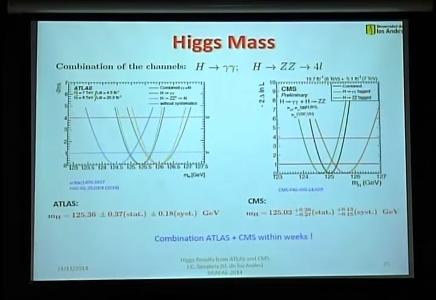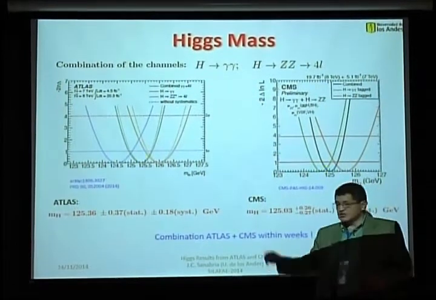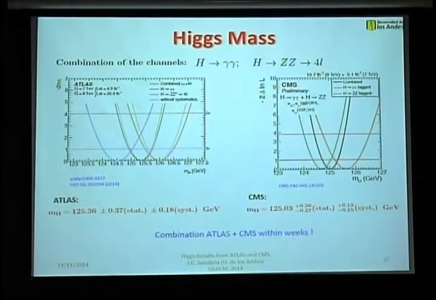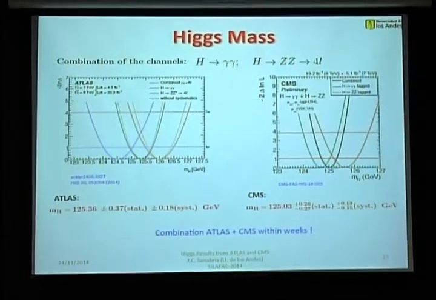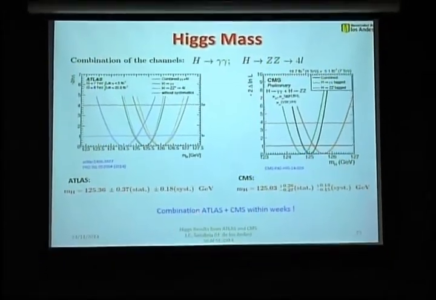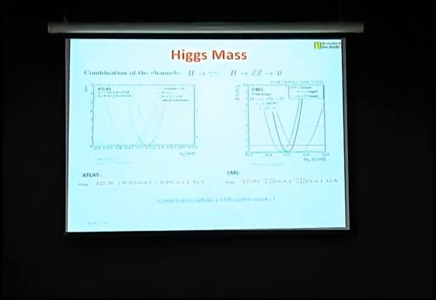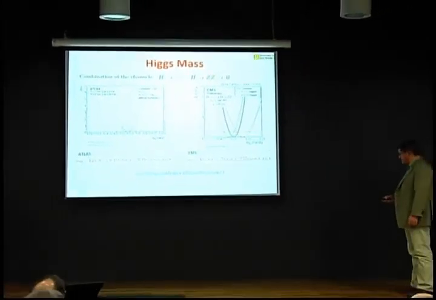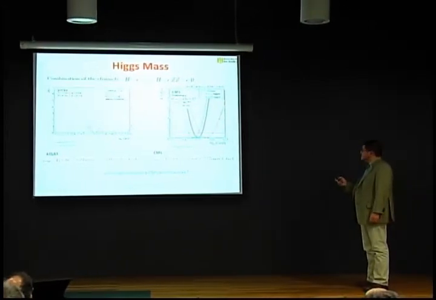As in the lecture on statistics, as you combine more and more data, things start to merge. There should be a combination of the results from ATLAS and CMS within weeks, before the end of the year, we hope.